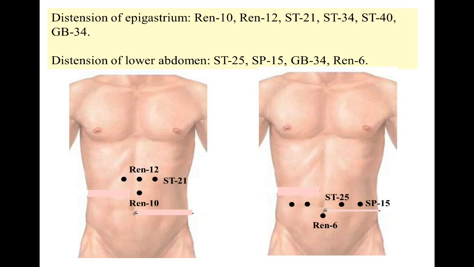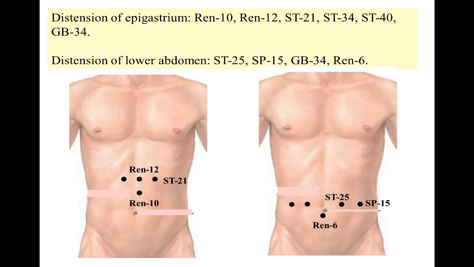Now for the lower burner, I use those 3 points, and especially stomach 25 and spleen 15. For example, someone with chronic diarrhea, I would use those points all the time. Also for Crohn's disease or ulcerative colitis, those would be essential points.